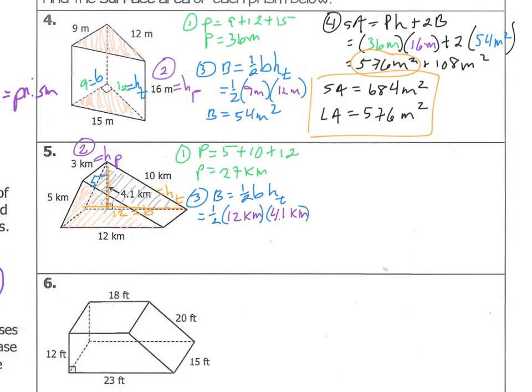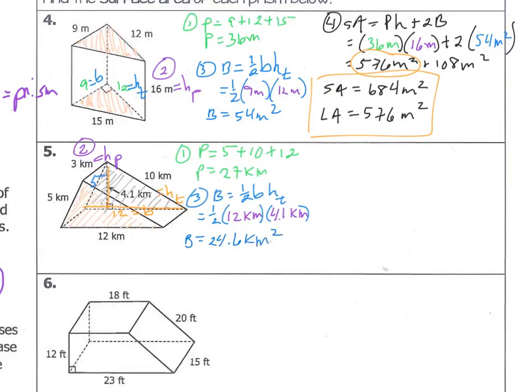So on your calculator, remember you're going to multiply the 12 to the 4.1 first, and then divide by 2. So 12 times 4.1 is 49.2, divided by 2. Big B is equal to 24.6 kilometers squared.